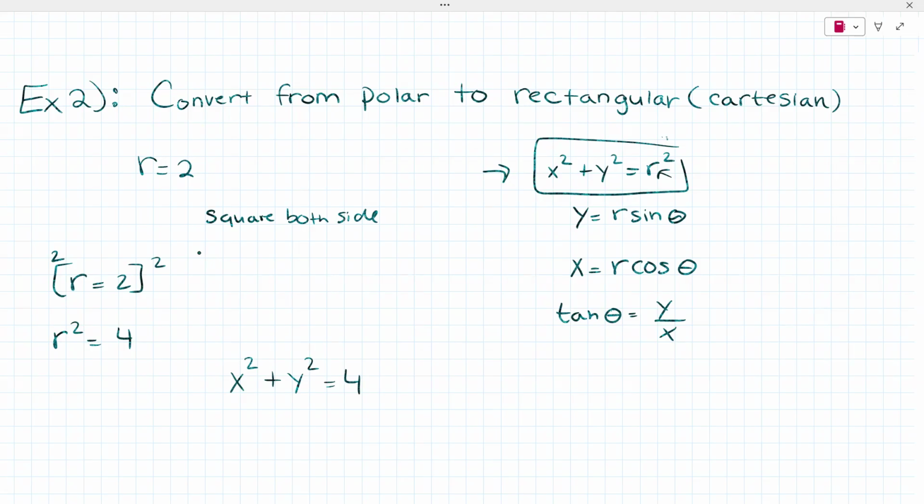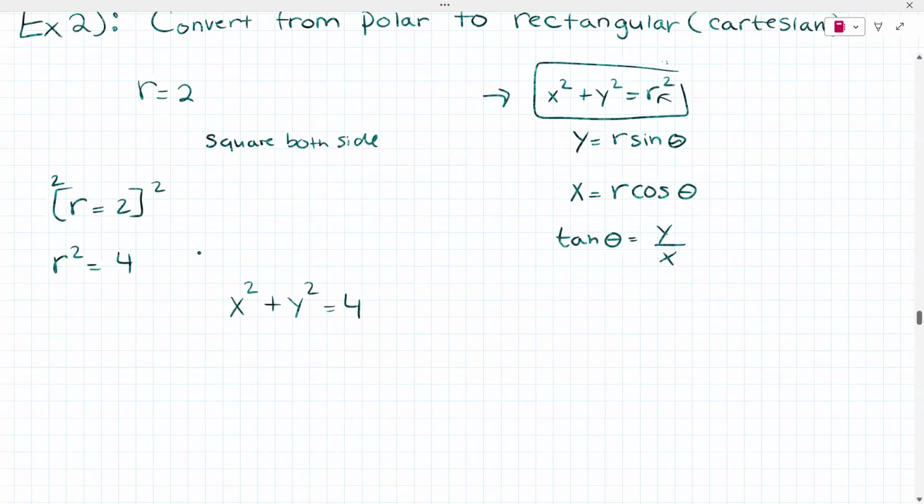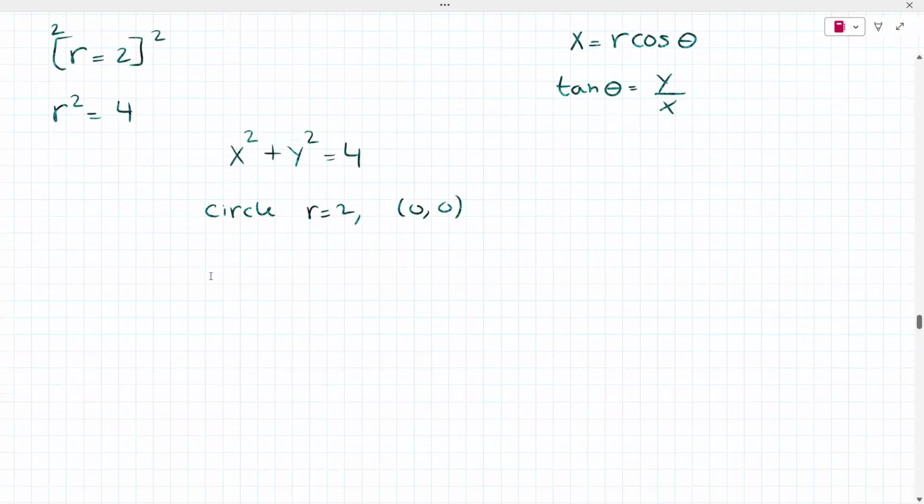Does this graph look familiar? Yes, it is a circle, right? It's a circle with a radius of 2 and a starting point at the origin, 0, 0. So I think this would be our rectangular point.